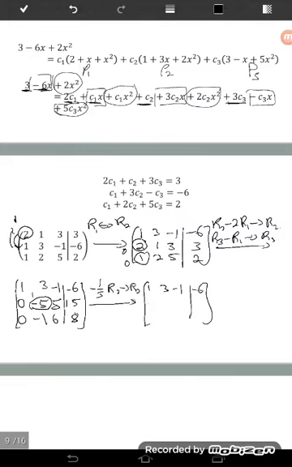And then here 0 times negative 1 over 5, 0. Negative 5 times negative 1 over 5 becomes 1. 5 times negative 1 over 5 becomes negative 1. And 15 times negative 1 over 5 is negative 3. And third row 0, negative 1, 6 and 8.